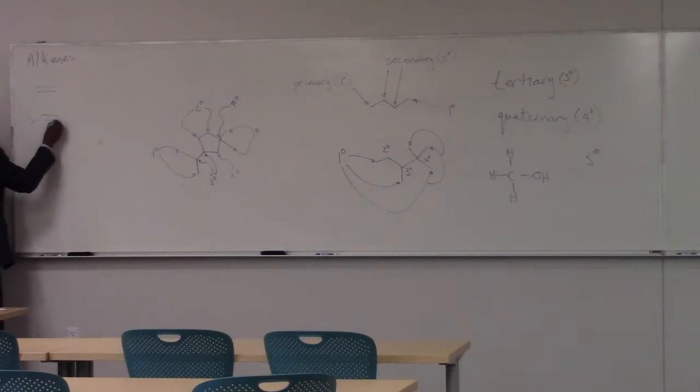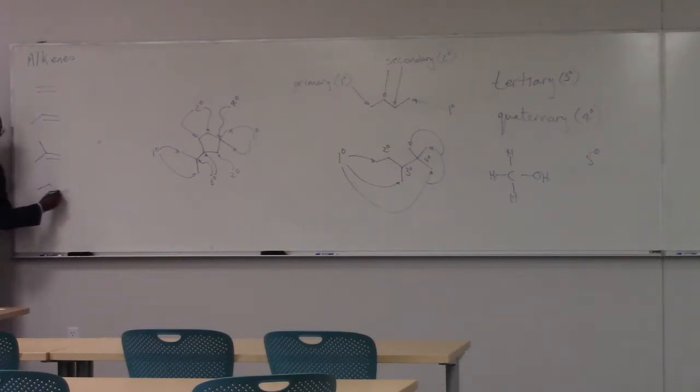And then I can have that one, and I can have any number of others. So there's a way to subclassify alkenes. All of these are alkenes; they're a class of compounds. But I can subclassify the alkenes in different ways.